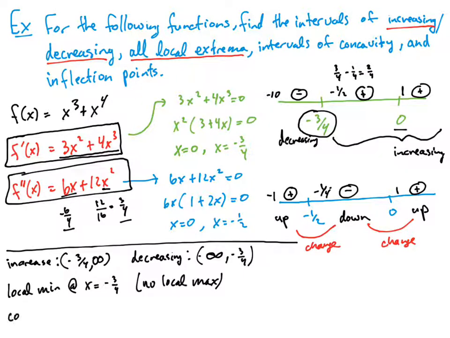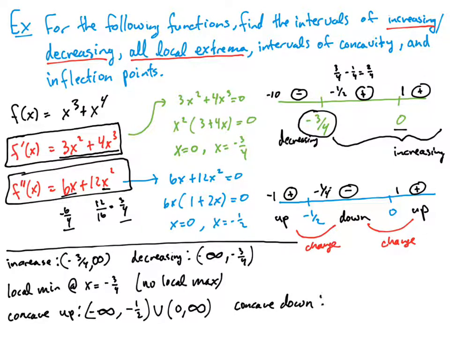We're concave up in the intervals, let's see, negative infinity to negative 1/2, union 0 to positive infinity. The function is concave down in between those two intervals, so negative 1/2 to 0.